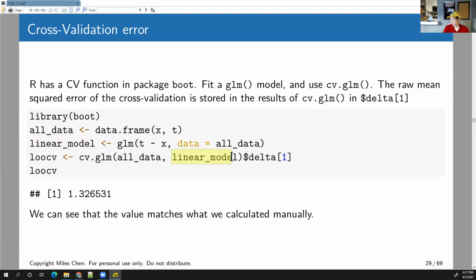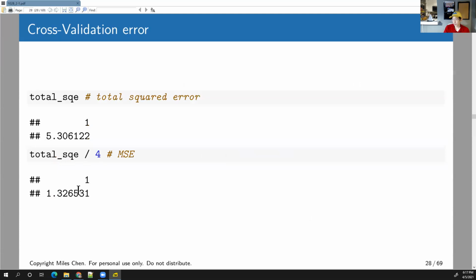The results for the mean squared error in cross-validation is stored in result delta 1. And so if you do that, you get leave-one-out cross-validation. The leave-one-out cross-validation score is 1.3265. That aligns exactly with what we got if we did it manually.